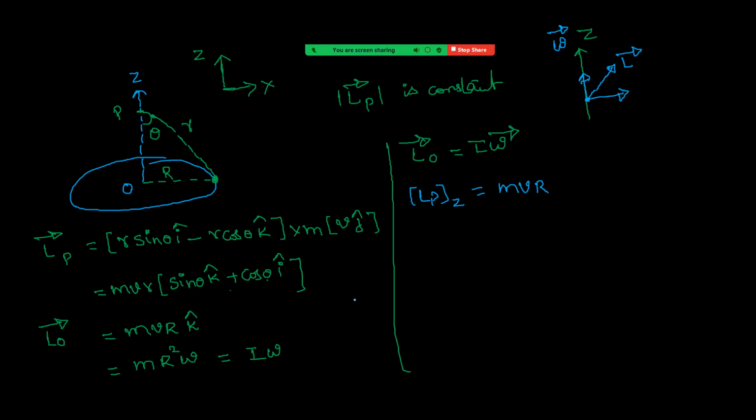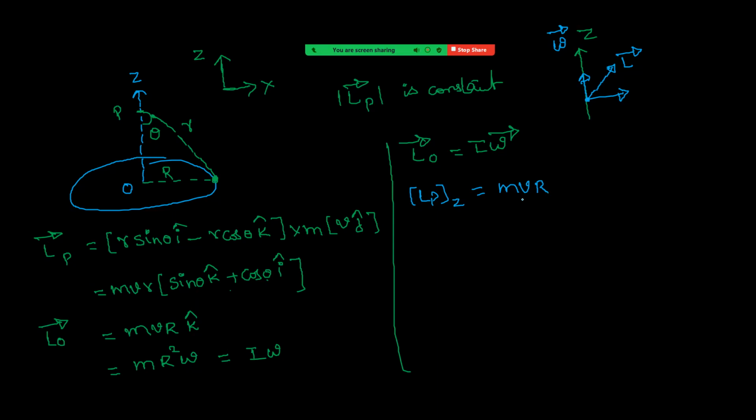Okay. And here one more conclusion we can draw, that is the component of L bar along the axis of rotation remains the same as long as the point is on the axis of rotation. I am repeating, the component of L bar along the axis of rotation does not change as long as the point is on the axis of rotation.